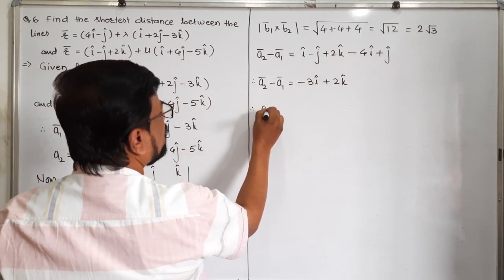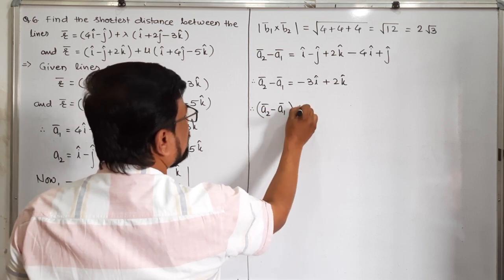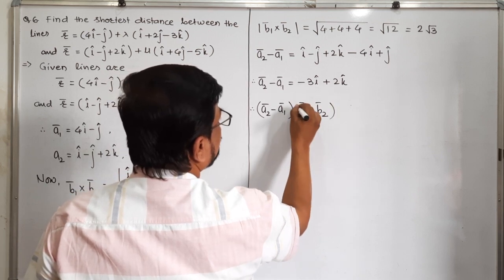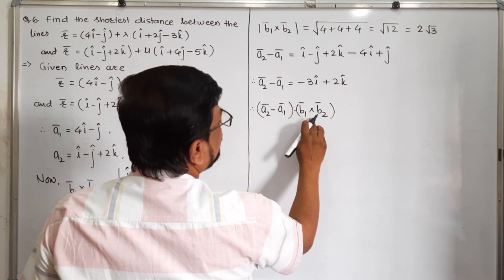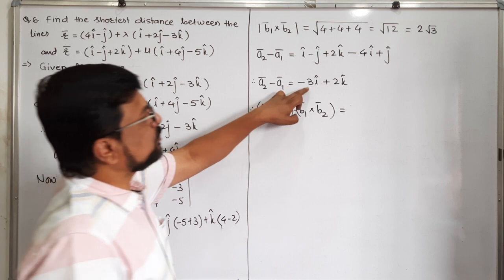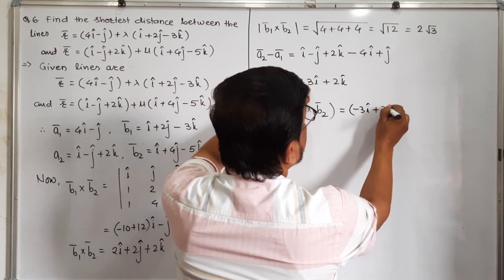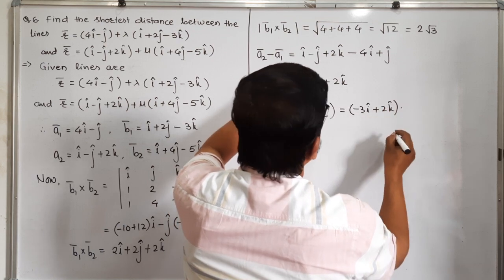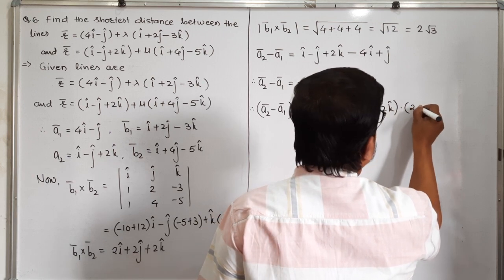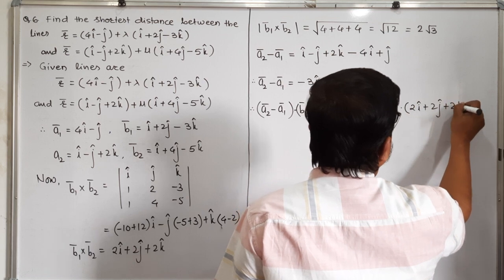Therefore a2 vector minus a1 vector dot b1 vector cross b2 vector, the cross product of these vectors dot a2 minus a1, means it is nothing but minus 3i cap plus 2k cap dot this b1 cross b2, which is 2i cap plus 2j cap plus 2k cap.